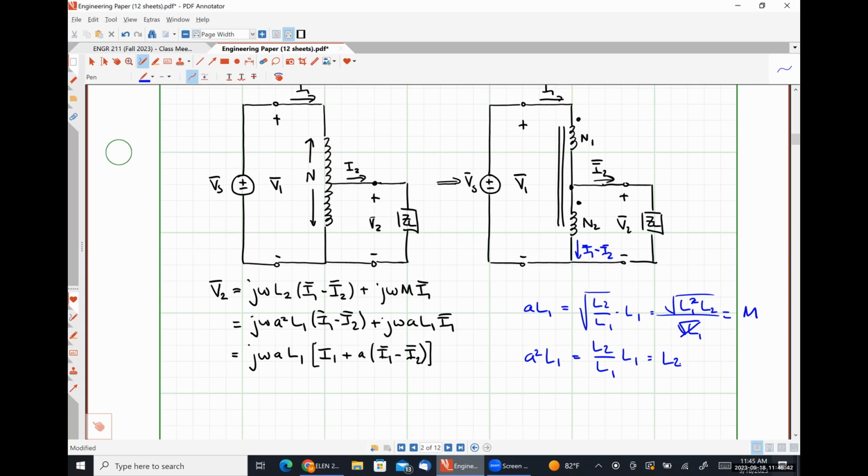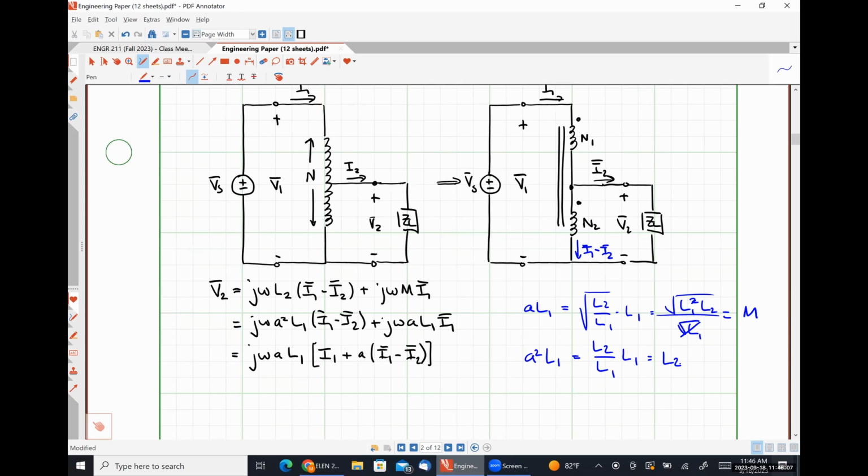So I chose to have the dot on top here and the dot on top here, because I know that I1 is going to flow through here, and then a portion of I1 is going to flow into the dotted terminal here as well, so that all of the math works out. Any other questions?